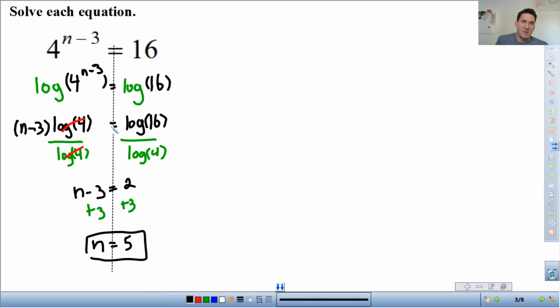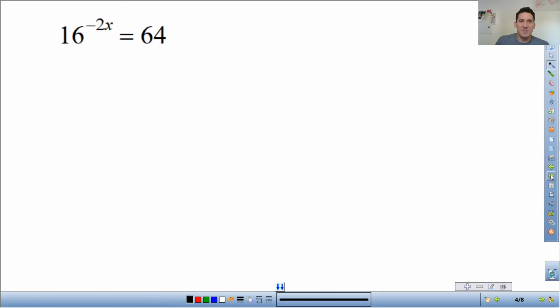All right, again, the tricky part is getting the n minus 3 out of the exponent. You take the log of both sides, so you can use that property of logs to move that exponent out in front. Right, so let's look at another example. So here we go. 16 to the negative 2x is equal to 64. Again, the first step is to take the log of both sides.